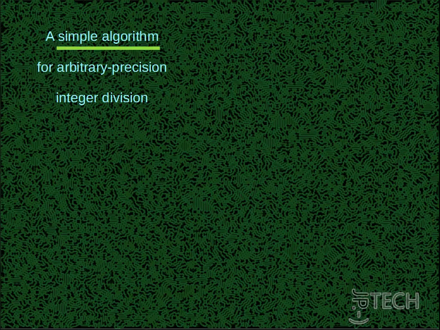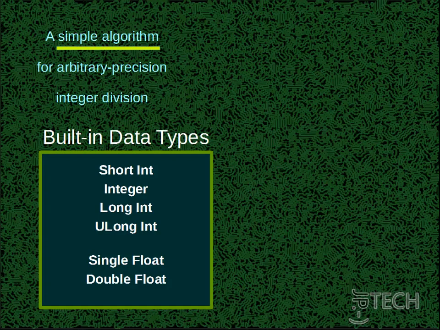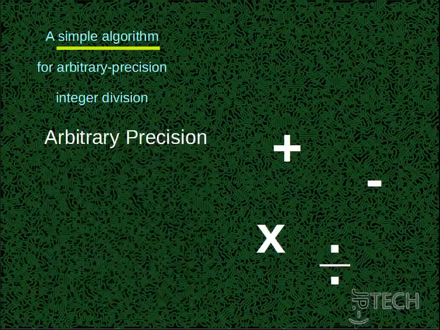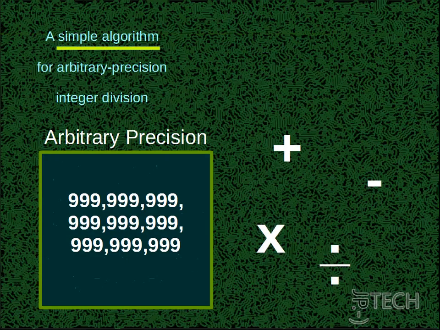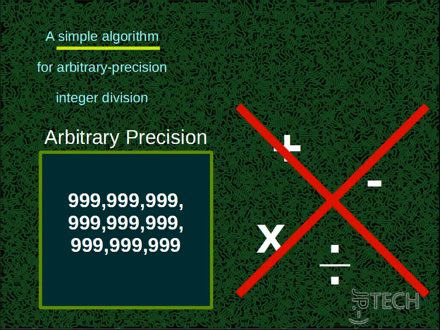Why do we need a simple algorithm? For built-in data types, the computer is able to perform simple math functions such as addition, subtraction, multiplication, and division. For our arbitrary precision data type, we have to write an algorithm or a set of steps to tell the computer how to perform these functions.